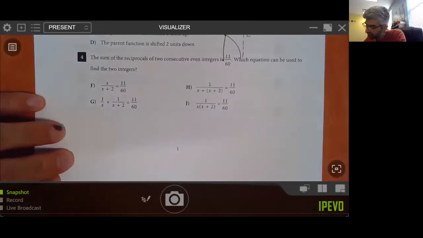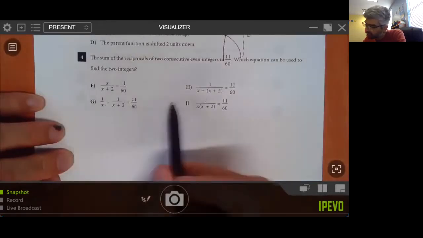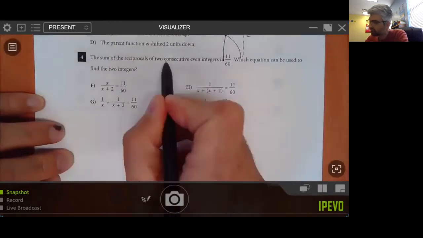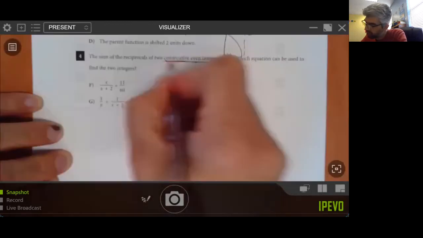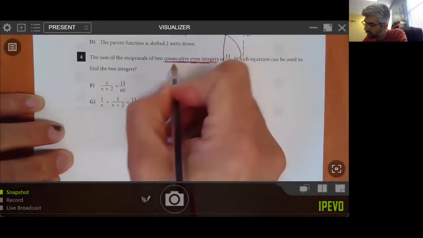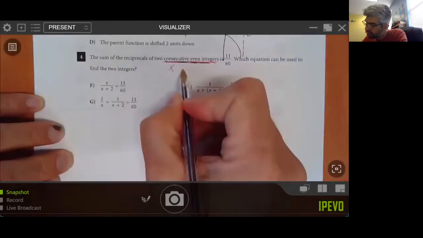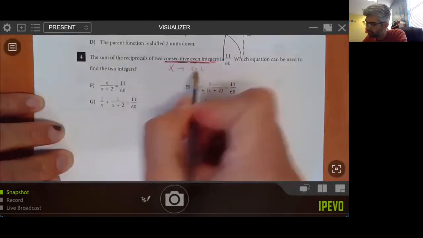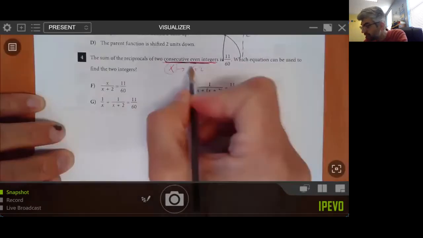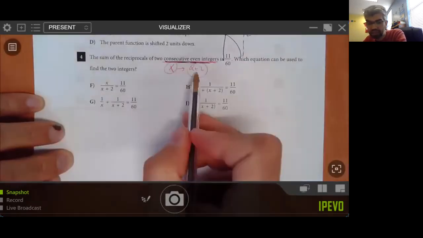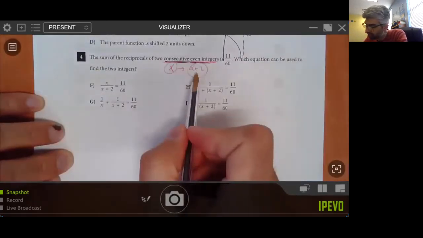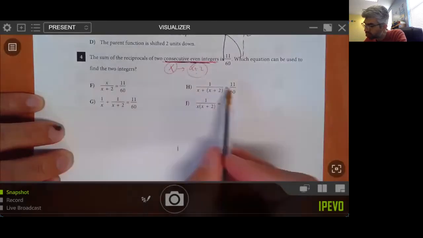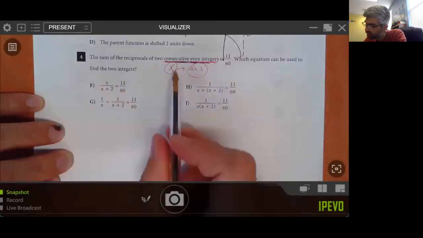So here use x, the consecutive even integers. How can I show them, guys? Consecutive even integers. If the first integer is x, the second integer should be x plus 2, right? The first even integer and the second even integer. So since here we have x and x plus 2, I use these numbers.